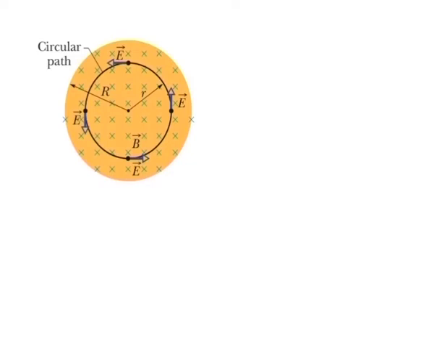A reformulation of Faraday's law. Consider a particle of charge Q0 moving around the circular path. The work done on it in one revolution by the induced electric field is W = εQ0, where ε is the induced EMF, that is, the work done per unit charge in moving the test charge around the path.